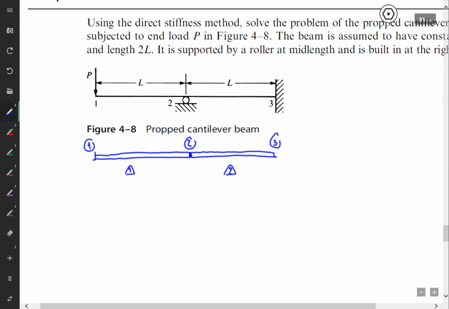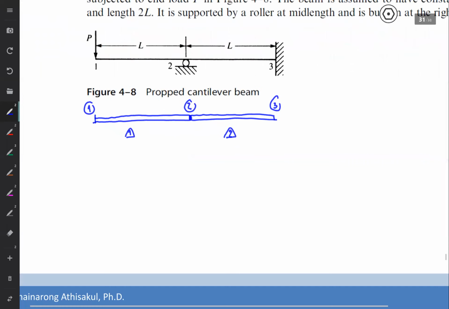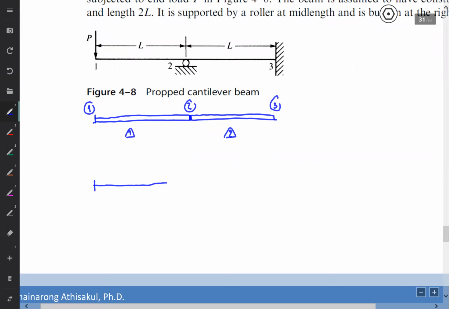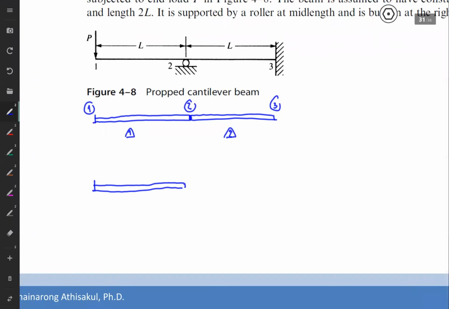Don't forget that for the beam element, we have to mention the sign convention first. You have to set up the global coordinate, x and y.